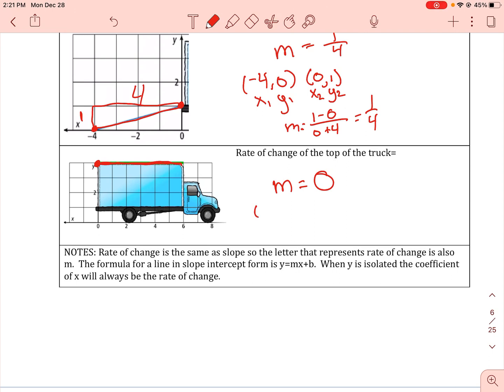Here I have the ordered pair 0, 4, and like all ordered pairs, they have one x and one y. And here I have the ordered pair 2, 4. And now I use my formula, 4 minus 4 over 2 minus 0. 4 minus 4 is 0, 2 minus 0 is 2, 0 divided by 2 is 0. Therefore, I am correct.